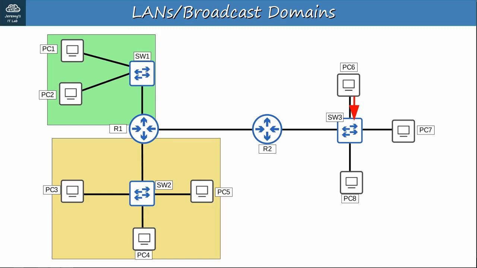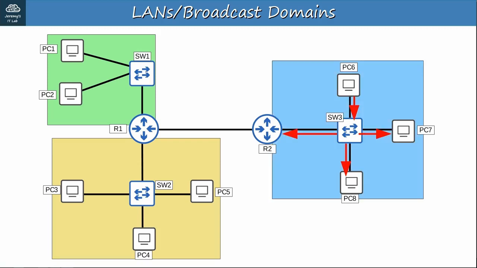Which devices will receive it? When switch 3 receives it, it will flood the frame to PC7, PC8, and R2 will not forward the frame. So this is the broadcast domain, including PC6, 7, 8, switch 3, and one of R2's interfaces. So we found three broadcast domains so far.